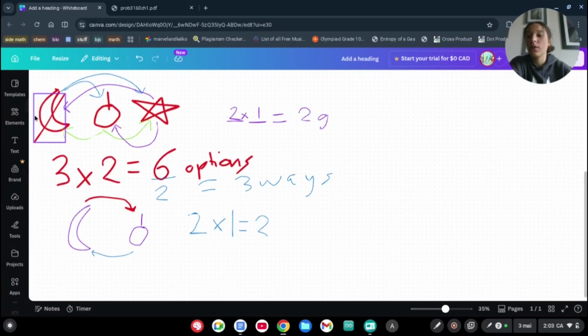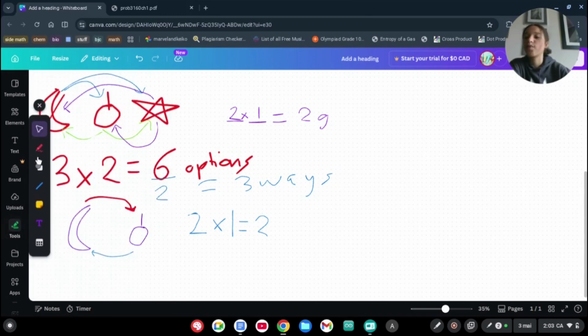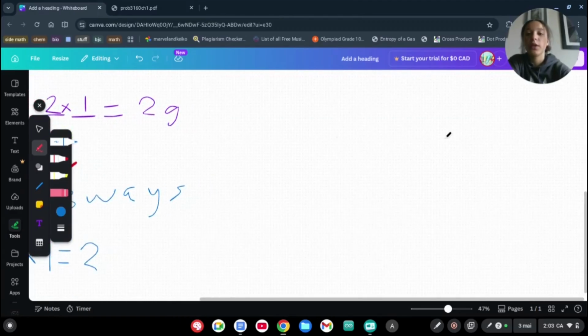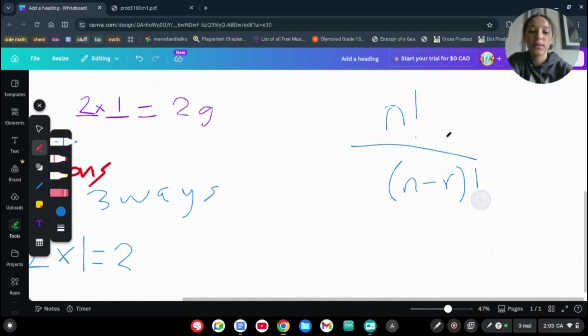For those of you who don't know, the equation I'm referring to for combinatorics gives the number of ways. I'll just write it: n factorial divided by (n minus r) factorial times r factorial.